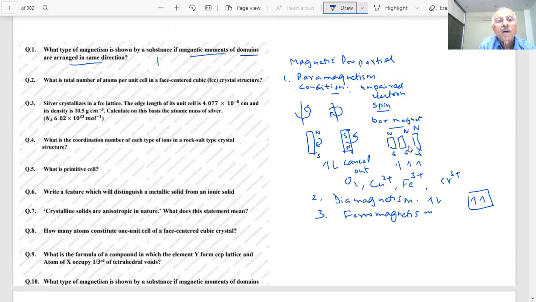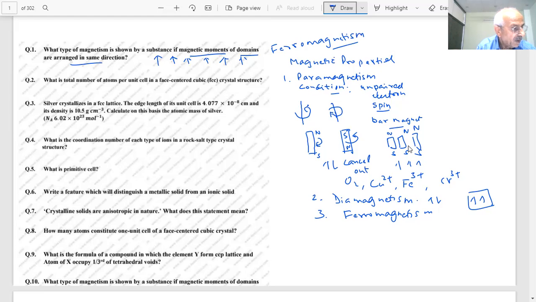Same direction. Then there will be a strong effect, and they may get permanently magnetized. What do we call this? Ferromagnetism.